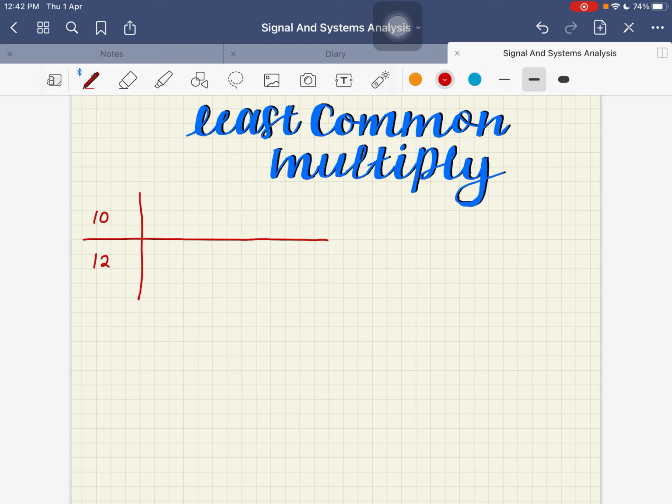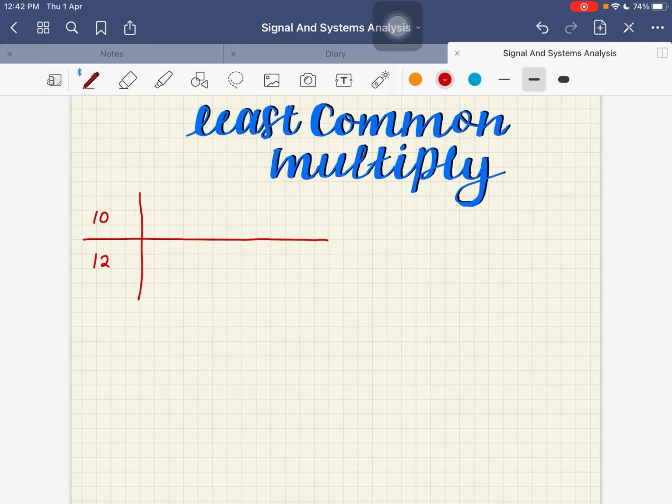So this time I'm going to explain a mathematical concept that we use to solve a periodic signal. We use it to calculate the fundamental period of a periodic signal.